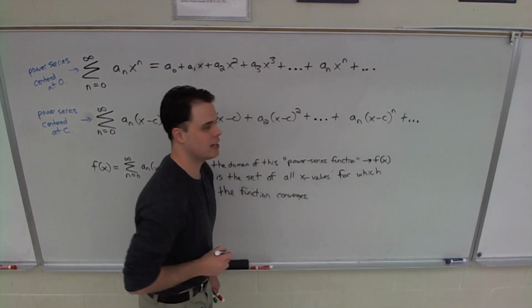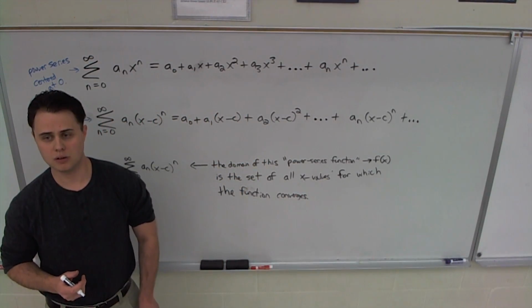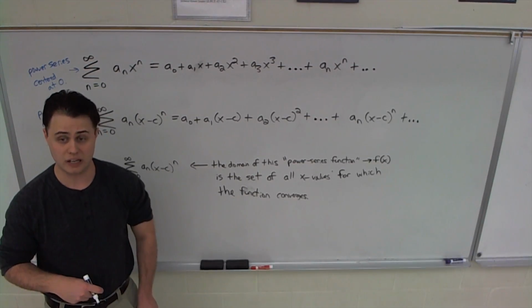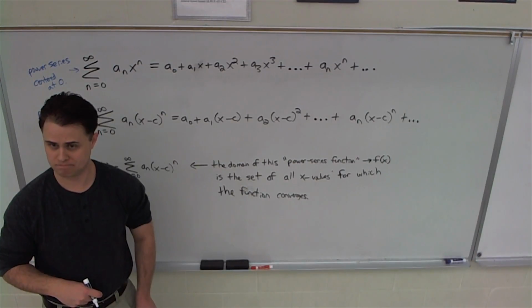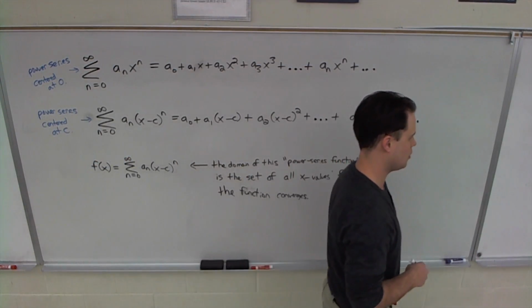That's what we're really going to have to be concerned about: making sure that when we're doing something with it, the x value that we're doing something with is in what we're going to call the interval of convergence. Okay? So we need to look at the possibilities for intervals of convergence.